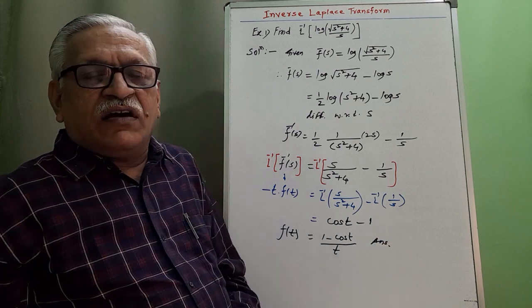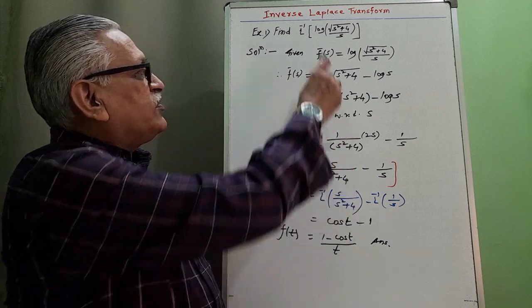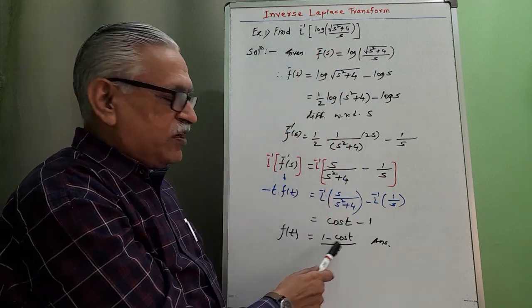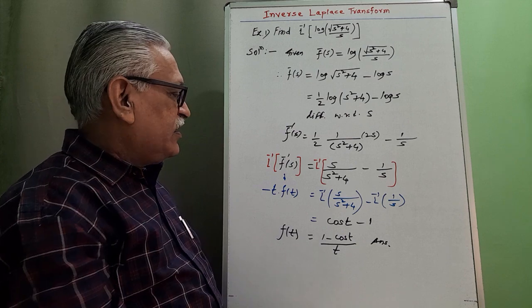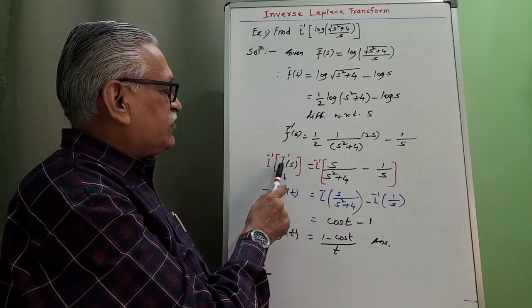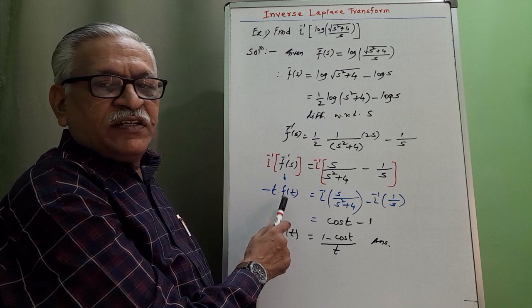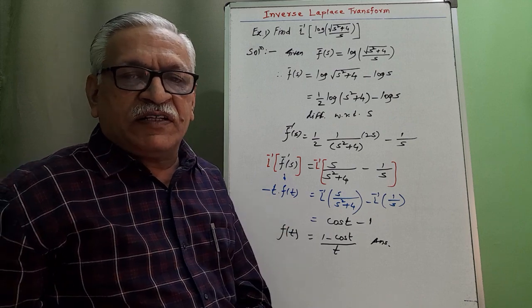Therefore, inverse Laplace of this function is (1 minus cos t) by t. Important one is this theorem, inverse of f dash of s is minus t f of t. Remember this step.